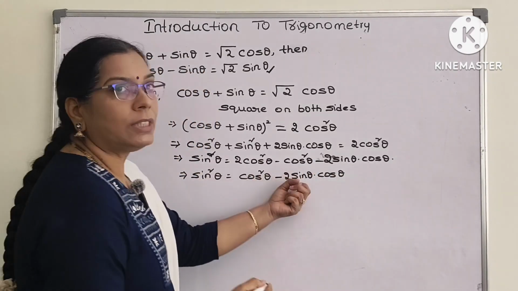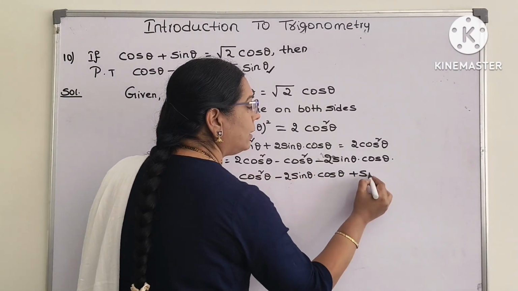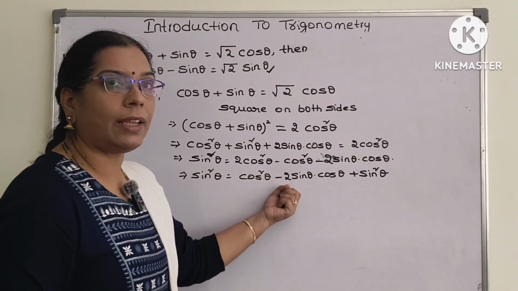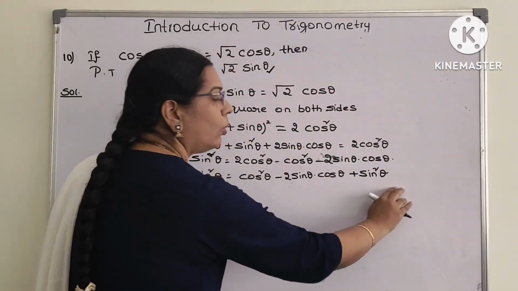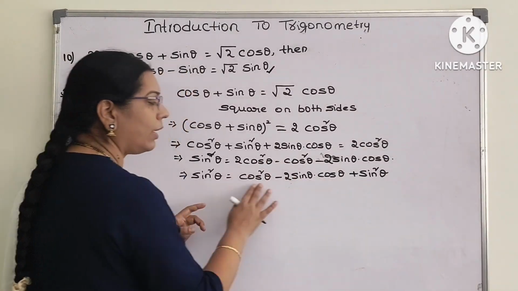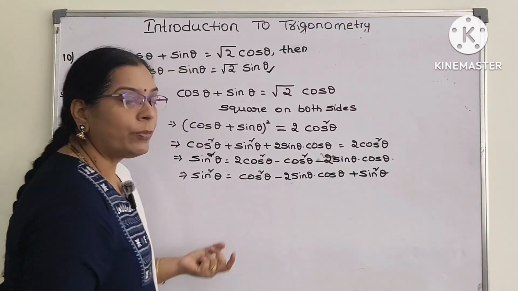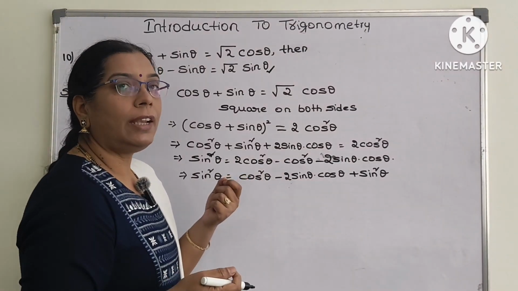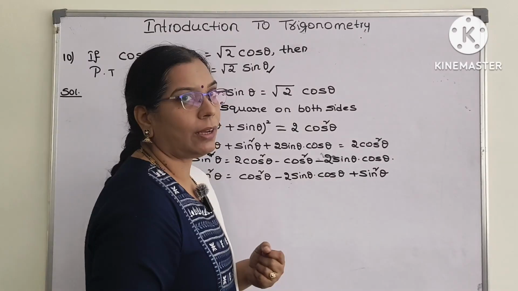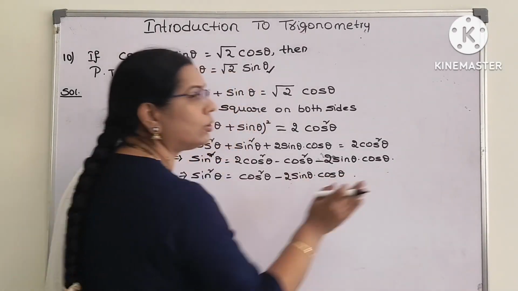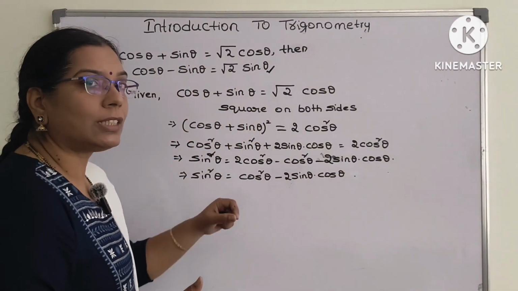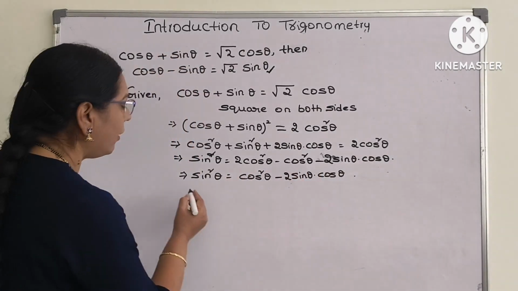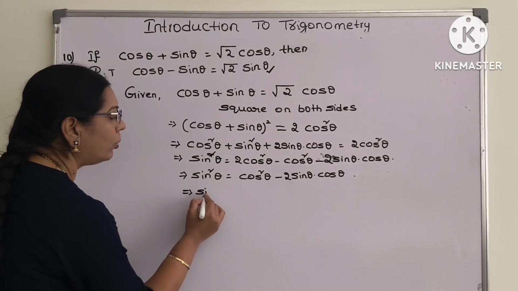Now see, suppose I have a sin square theta here on the RHS, then this whole expression is of the form a square plus b square minus 2ab. So I can simplify it further, but what is needed is sin square theta. So in order to solve this, what will I do in the next step? I will add sin square theta. I cannot add only on one side, hence I will add sin square theta on both the sides.